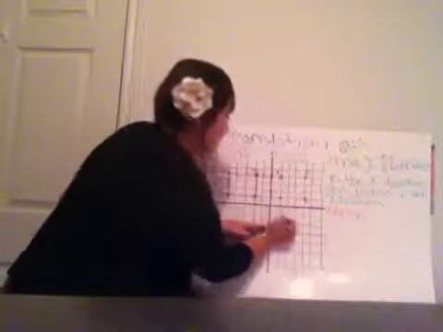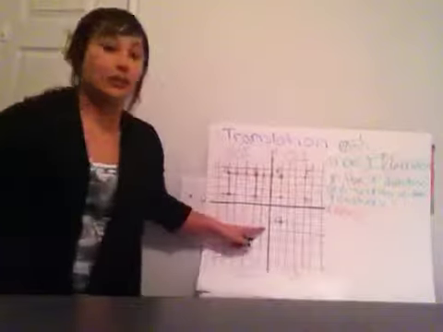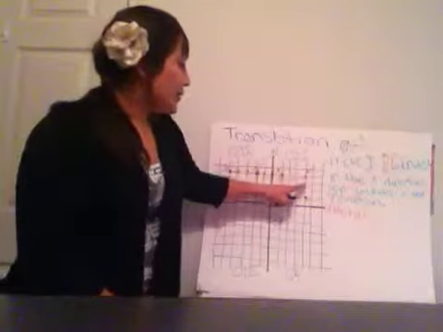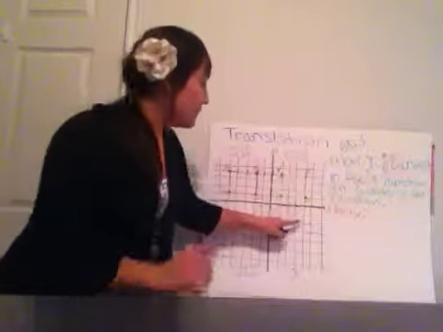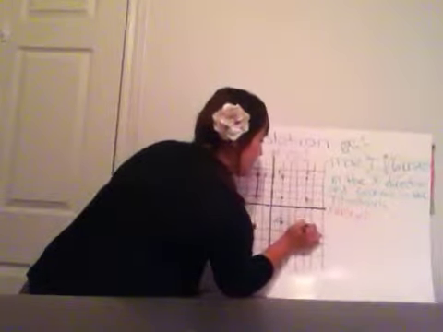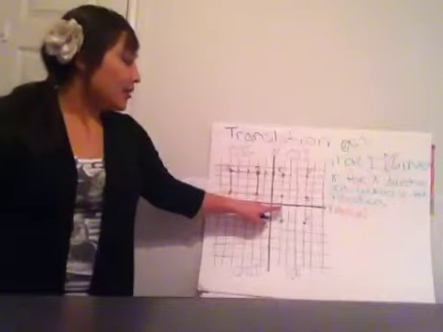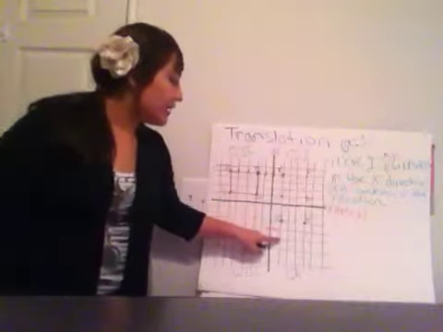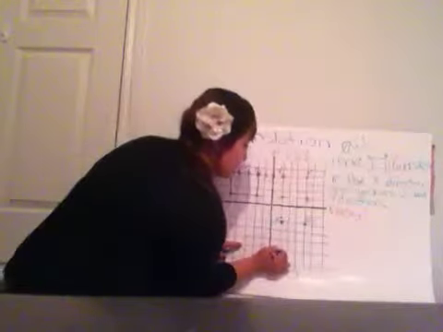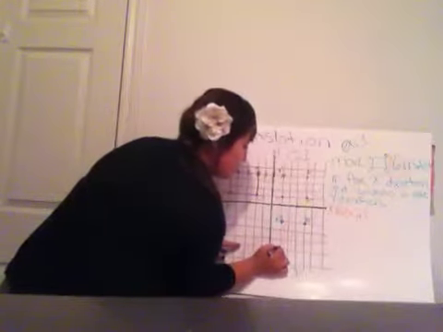That is A. We could put double prime. Let's go B. 1, 2, 3, 4, 5, 6. B double prime. Let's go our C. 1, 2, 3, 4, 5, 6. C double prime.